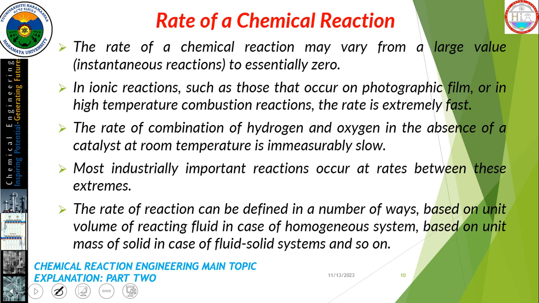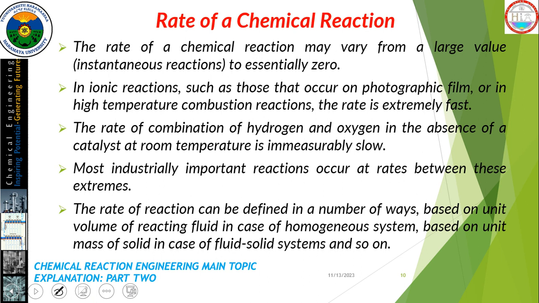The rate of combination of hydrogen and oxygen in the absence of catalyst at room temperature is immeasurably slow, which means that the conversion of hydrogen with oxygen into some product works well with the help of a catalyst, but without a catalyst it is normally immeasurably slow.